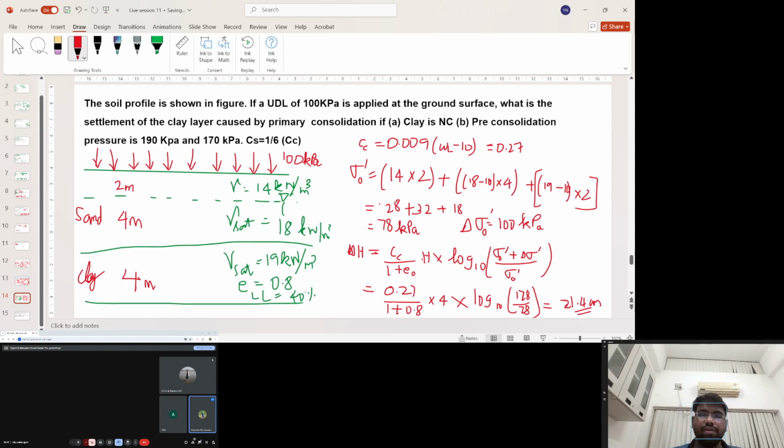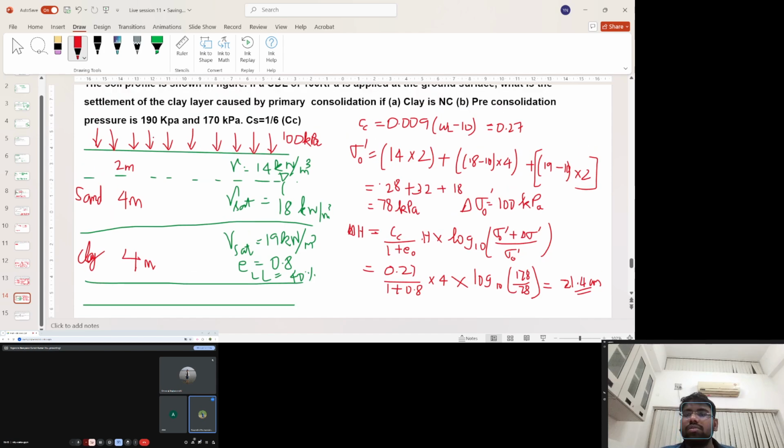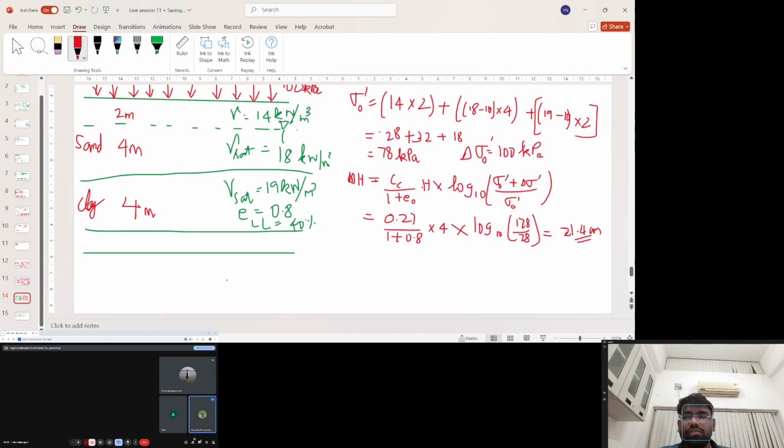First case is done. Now coming to the second case, pre-consolidation pressure is 190 kPa. So here we need to analyze this situation. So sigma naught dash plus delta sigma dash is equal to 178, right? Which is less than 190.